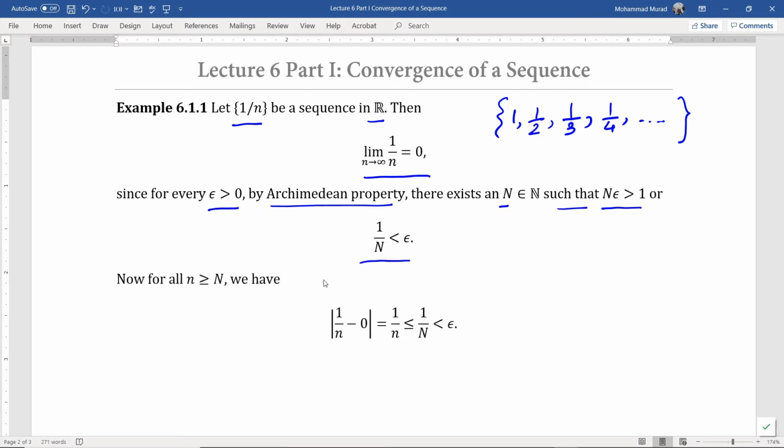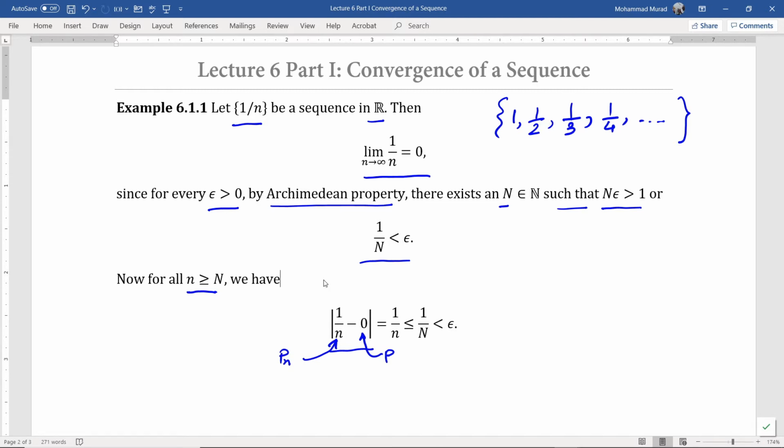Now, for all index n greater or equal to N, we have the absolute value of the nth term of this sequence minus the number p, which is 0 in our case.